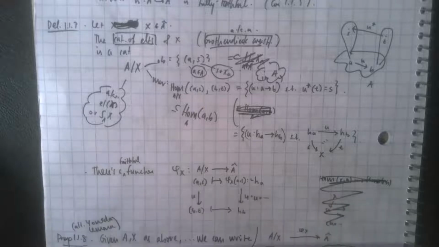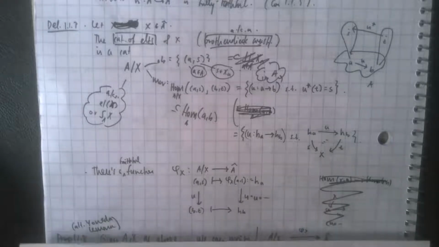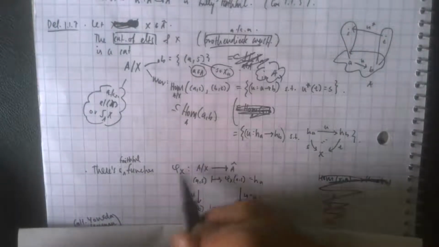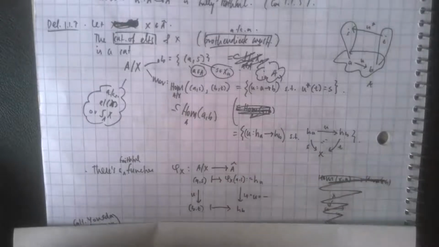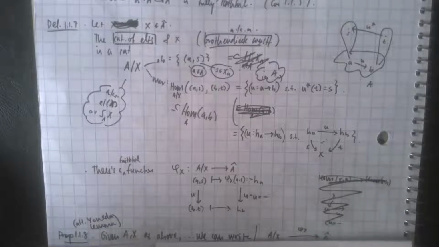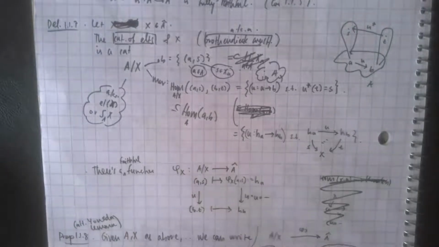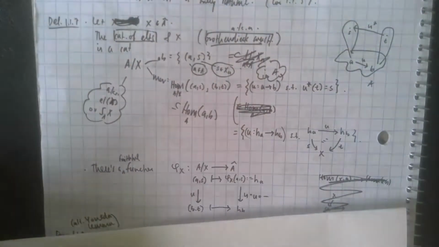Now, there's a faithful functor from the category of elements to the category of presheaves. That kind of works like this. You can check the book. I don't think this comes up anytime soon, but okay.